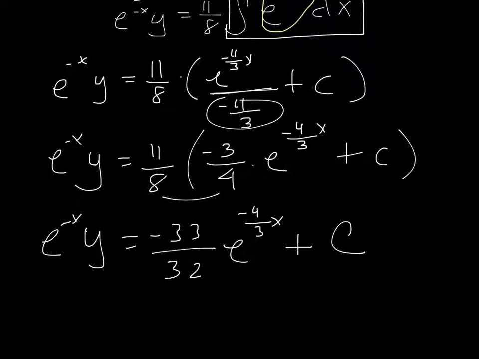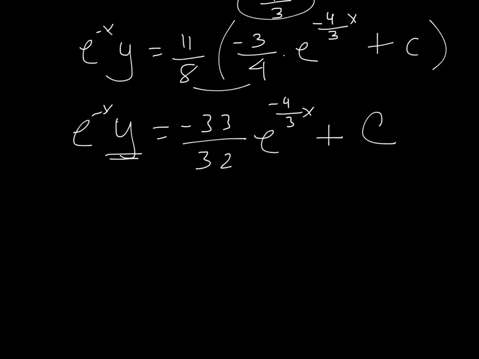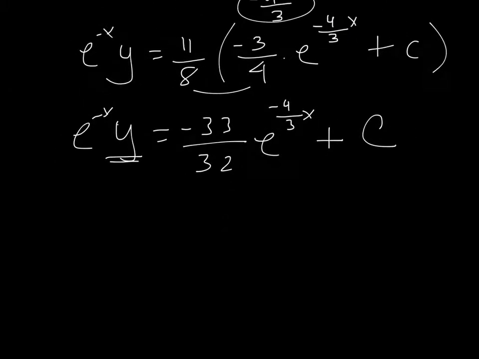Okay, so next step. Remember what our goal is. Our goal is to solve this differential equation, so we want to find a function y of x. Well, here is our y, or y of x that we want. So how do I isolate y? We could multiply both sides by, let me choose a different color, let's do orange.